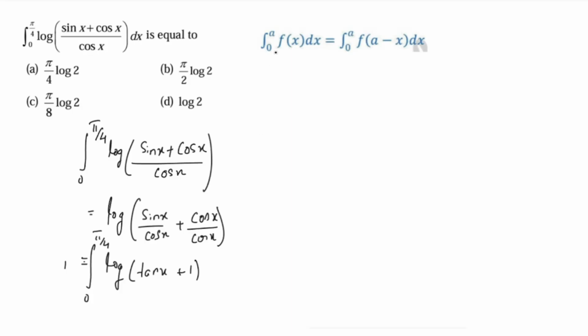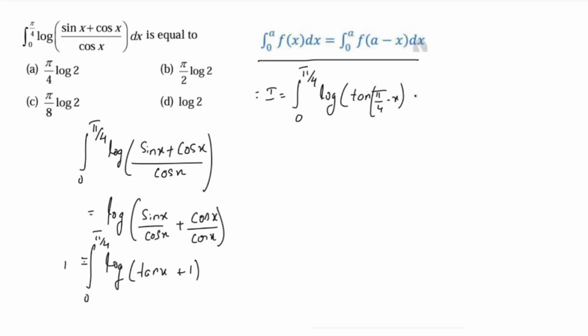Now I'm going to substitute this formula for the given function. So I is equal to integration 0 to pi by 4 log, in place of x we have to take the upper limit, that is tan of pi by 4 minus x, plus 1 dx.